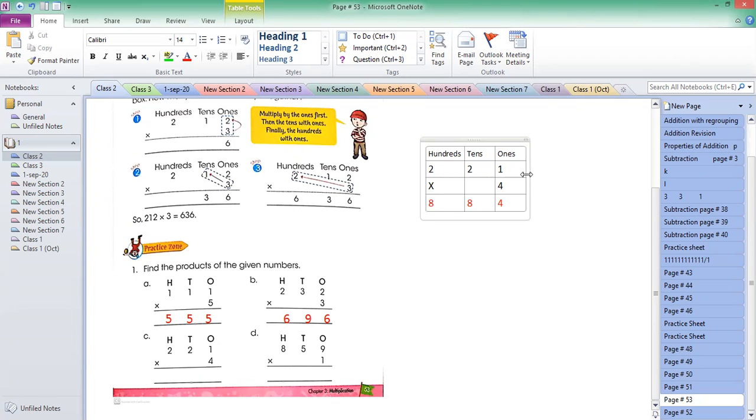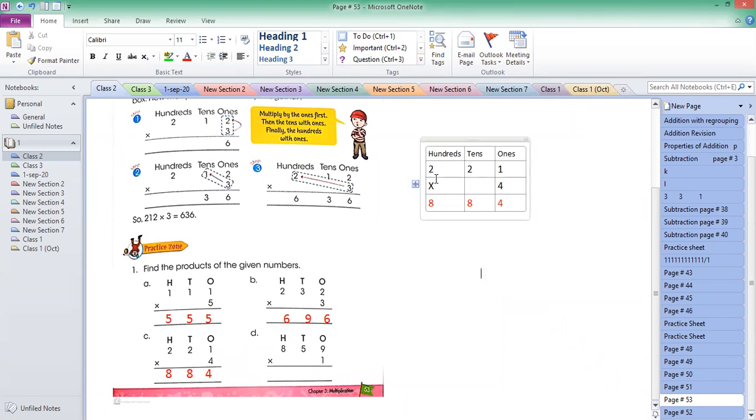Very good. You are multiplying this one by this hundred. Here 2, here 4. 4 multiplied by 2 equals 8. So the answer is 884. So write 884 here.